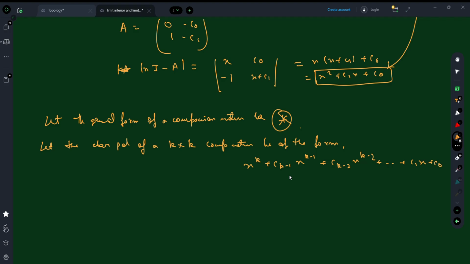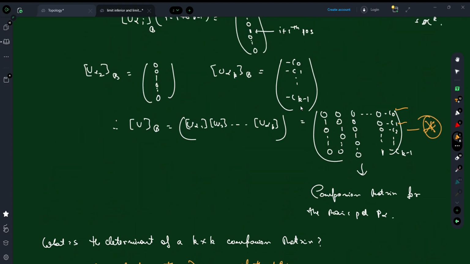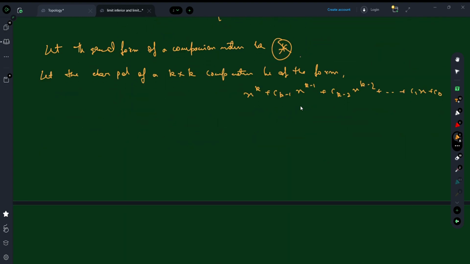And obviously these c0, c1, up to c(k minus 1) are all appearing in the last column of the companion matrix. We consider this to be the characteristic polynomial of a k cross k companion matrix. We need to show that the characteristic polynomial of the k plus 1 cross k plus 1 companion matrix will be analogous.